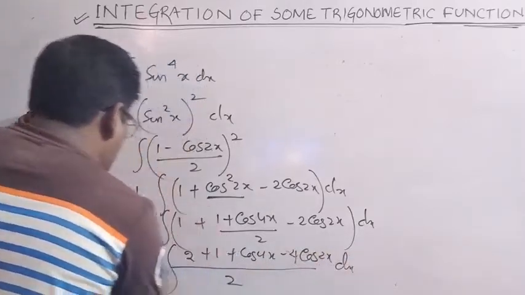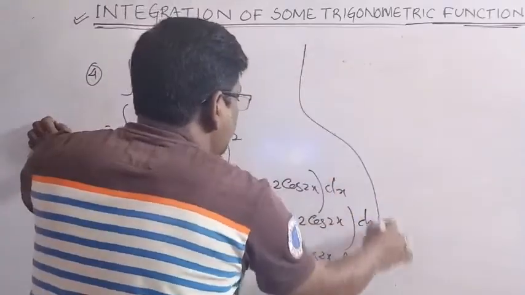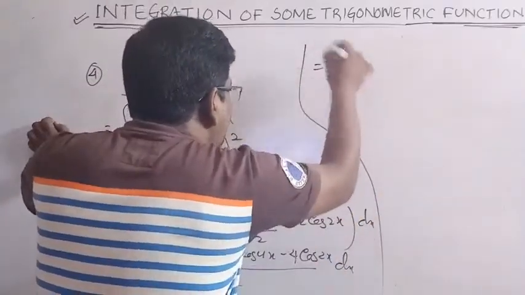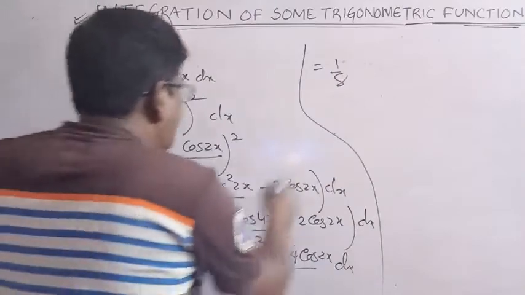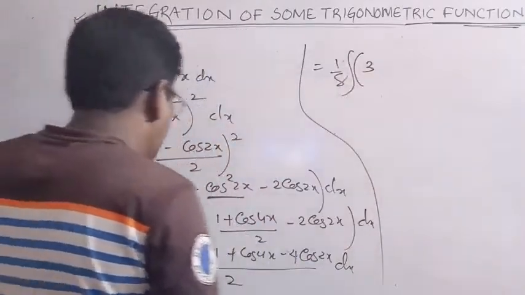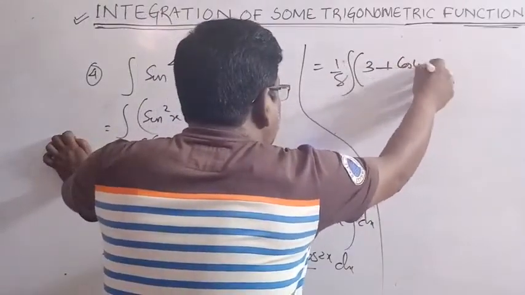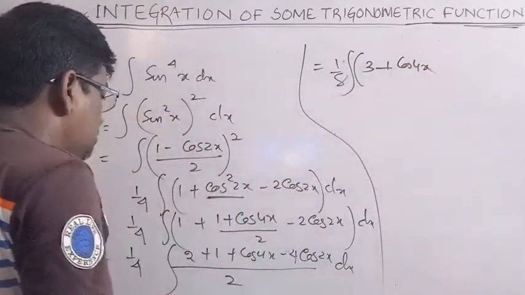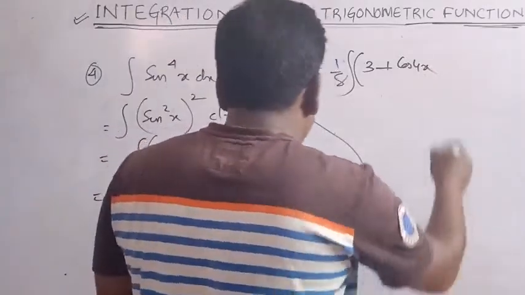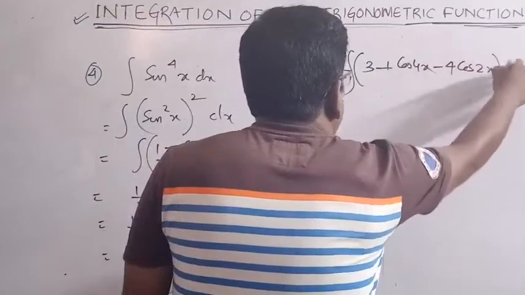So 1 by 4 into 1 by 2, that is 1 by 8, 3 plus cos 4x minus 4 cos 2x whole dx.